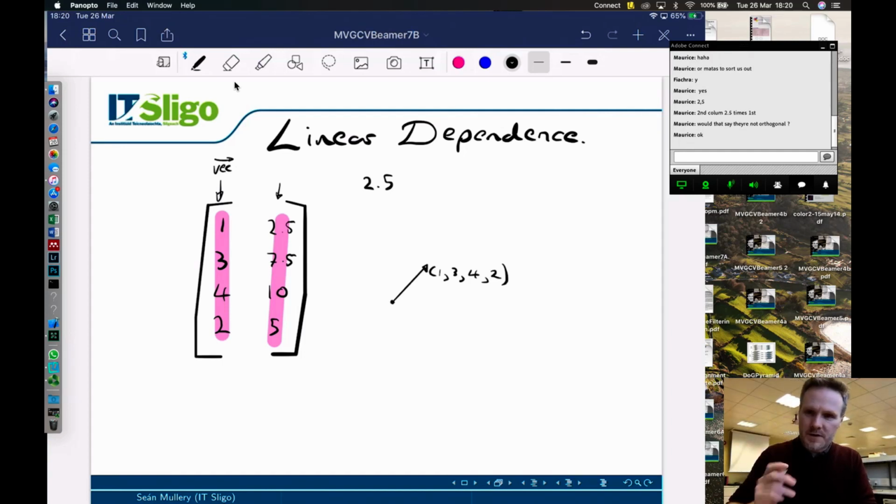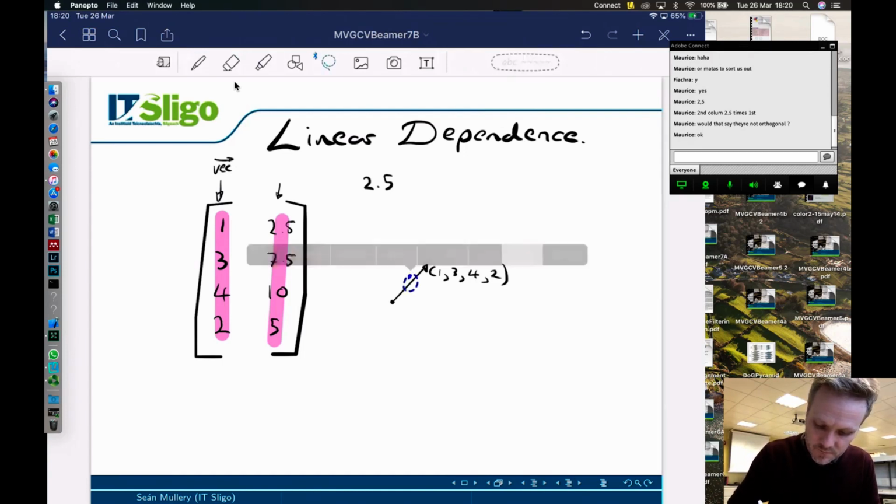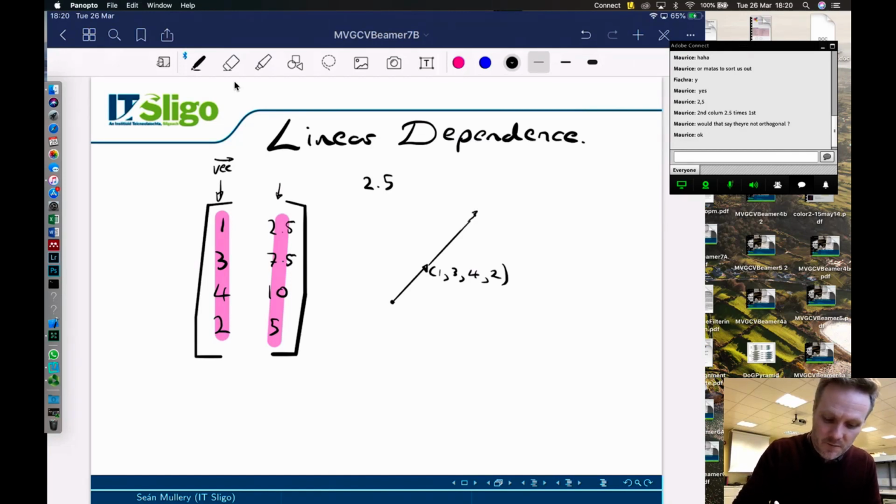So what does this mean to say that this other one is dependent on it? Well, what it basically means is that if I take this and I make it 2.5 times as big, which means that I could literally just copy it. I won't be able to copy half of it, but nonetheless, land that there, and then take another half on top, maybe go that far, then this represents my vector here in the second column.